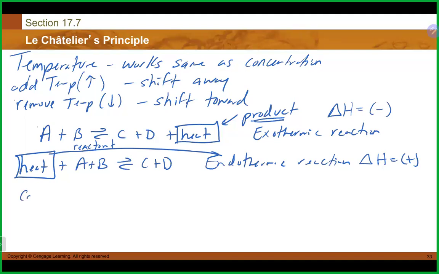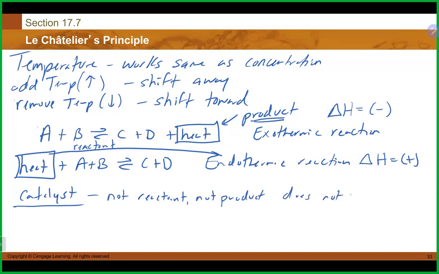Now, a catalyst is another thing that you could do. Again, a catalyst is not a reactant. It's not a product, and it does not get used up in the reaction.